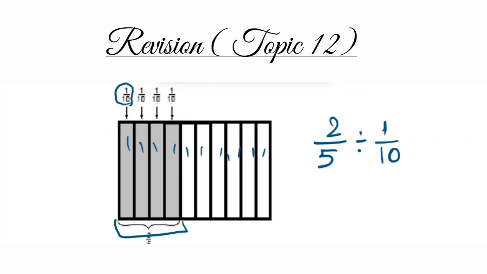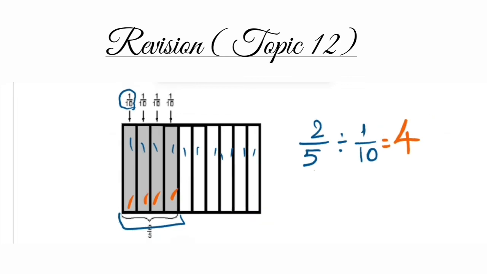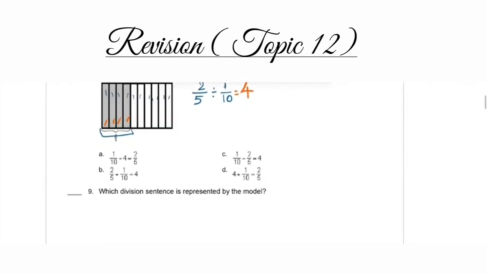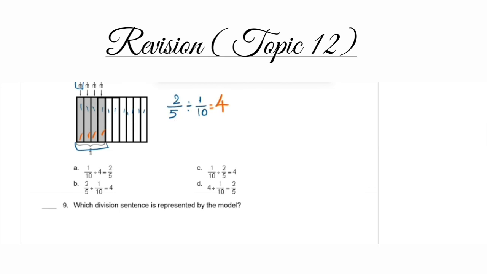Count the shaded 1/10s. 1, 2, 3, 4. So the answer is 4. We have 4 1/10s in 2/5. Let's find this sentence. You will find the answer is B.